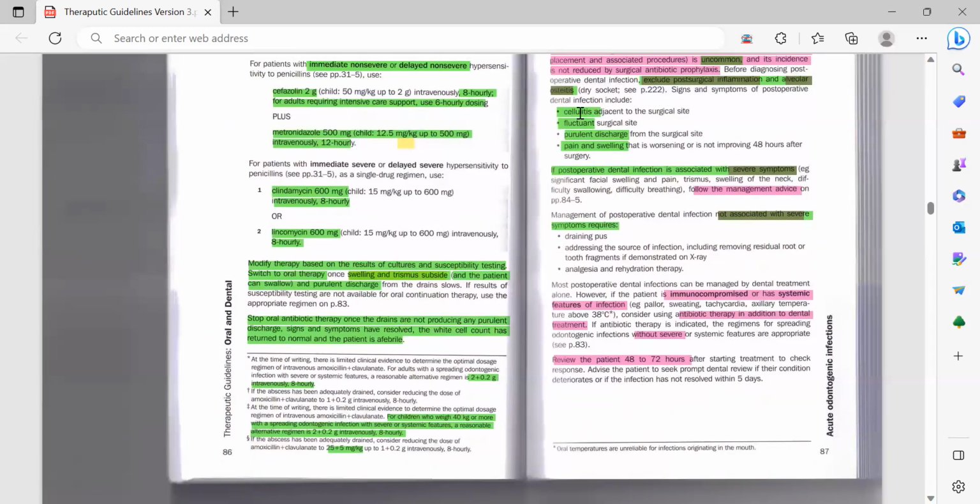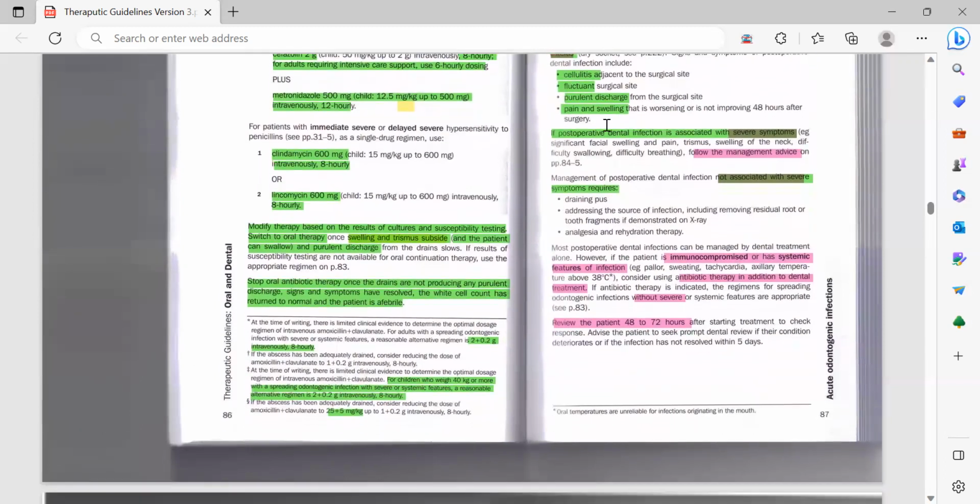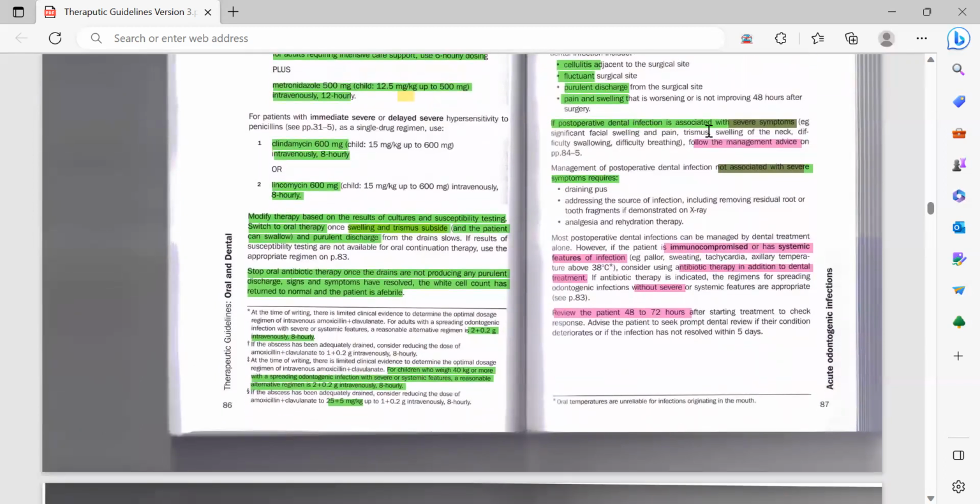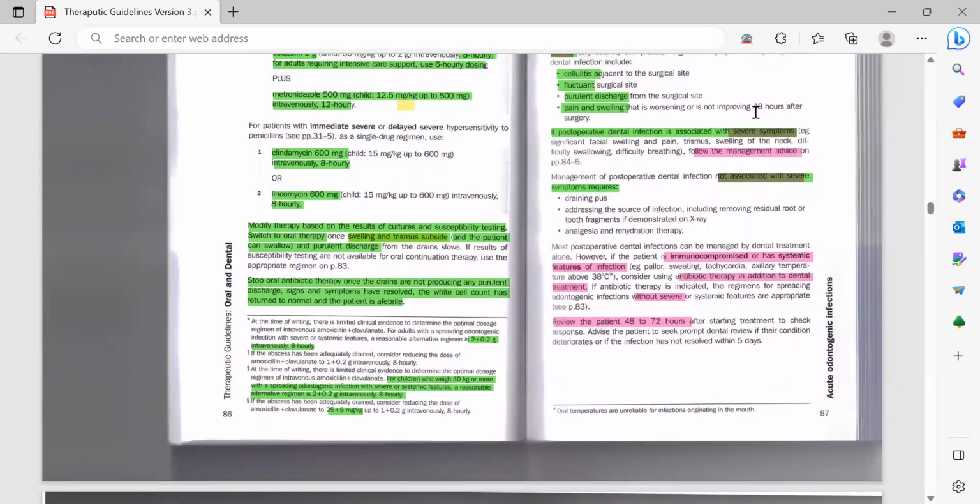So it means there is cellulitis, fluctuance, discharge coming out, pain, and swelling.